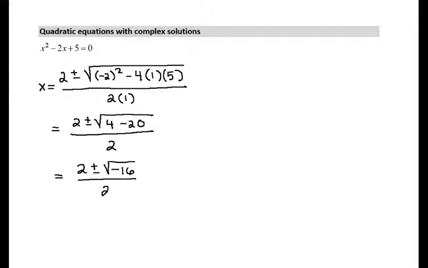So this becomes 2 plus or minus the square root of 4 minus 20 over 2, which is 2 plus or minus the square root of negative 16 over 2. Now the square root of negative 16 we want to focus on for a moment here. That's equal to the square root of 16 times i, so that's going to be 4i, and I can bring that back into the expression now.